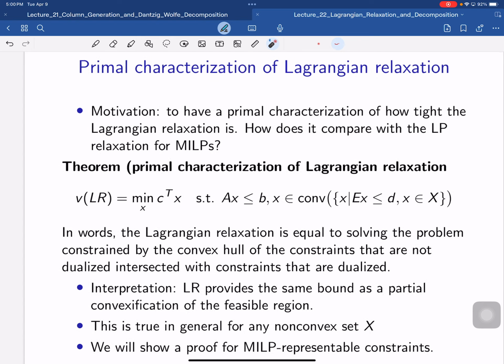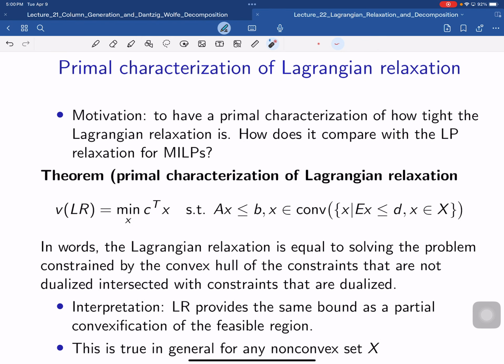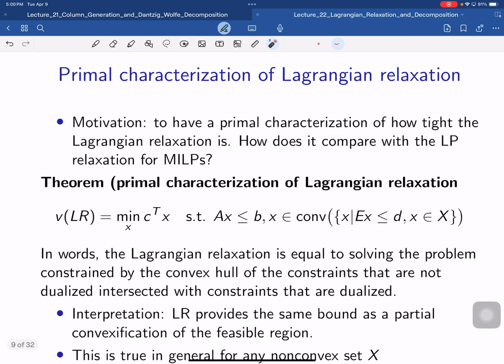Then this theorem is saying that the Lagrangian relaxation gives you the following: you keep the objective, and x has to be in the convex hull of the constraints you haven't dualized, intersected with the linear constraints you dualized. I will show you a picture to explain that later, but before that, let's pause here to see if people have any questions about the notation.